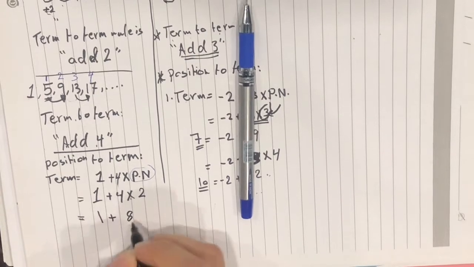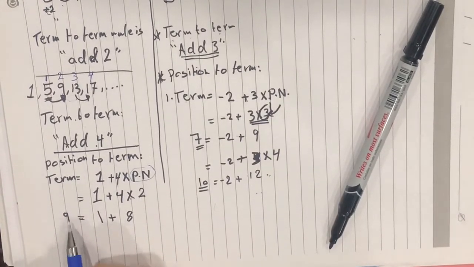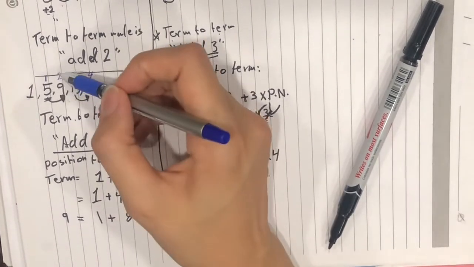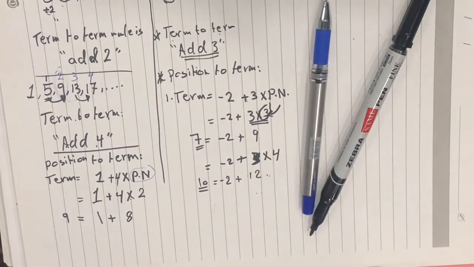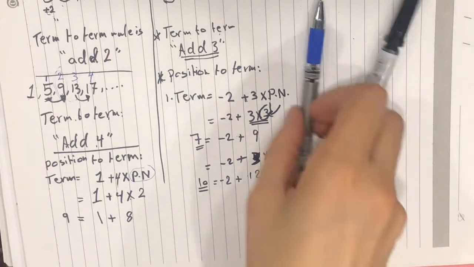Plus 1. 1 plus 8 equals 9. Is my second term equal to 9? This is my first term. This is my second term. My second term does equal 9. So my position to term rule is correct.